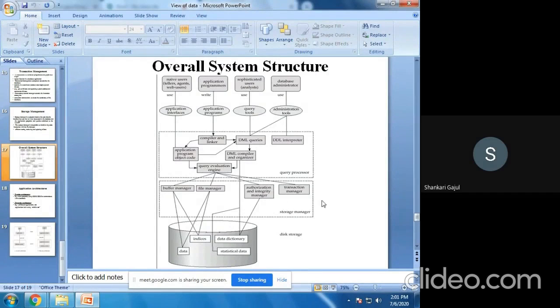Below that, the storage manager is present, and below that, on the lowest level, the structured data storage is present, where the actual data is stored in the database. So the database structure is divided into four modules: database users, query processor, storage manager and the disk storage.